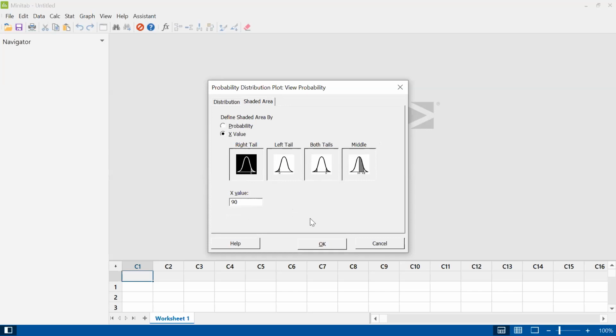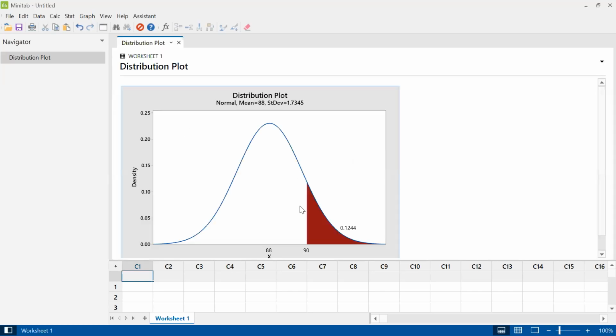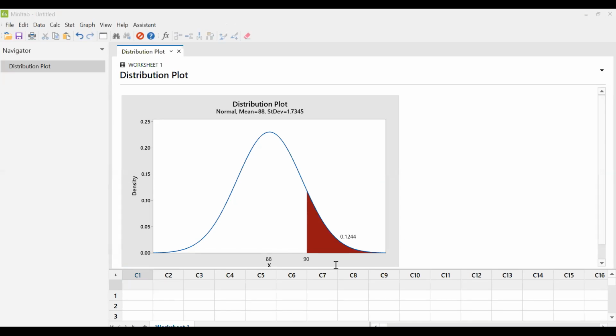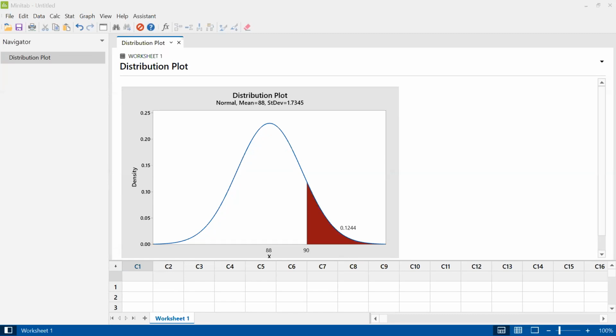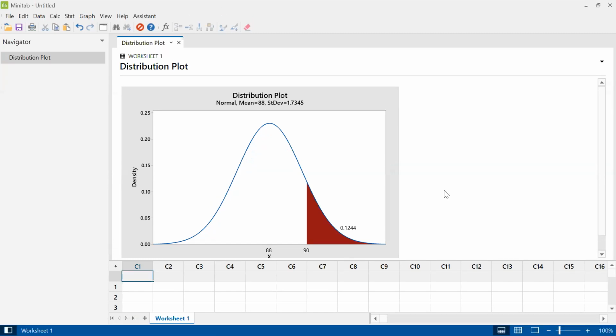I think I have everything plugged in there. We'll hit OK. So we get our bell curve. Over 90 is 0.1244.